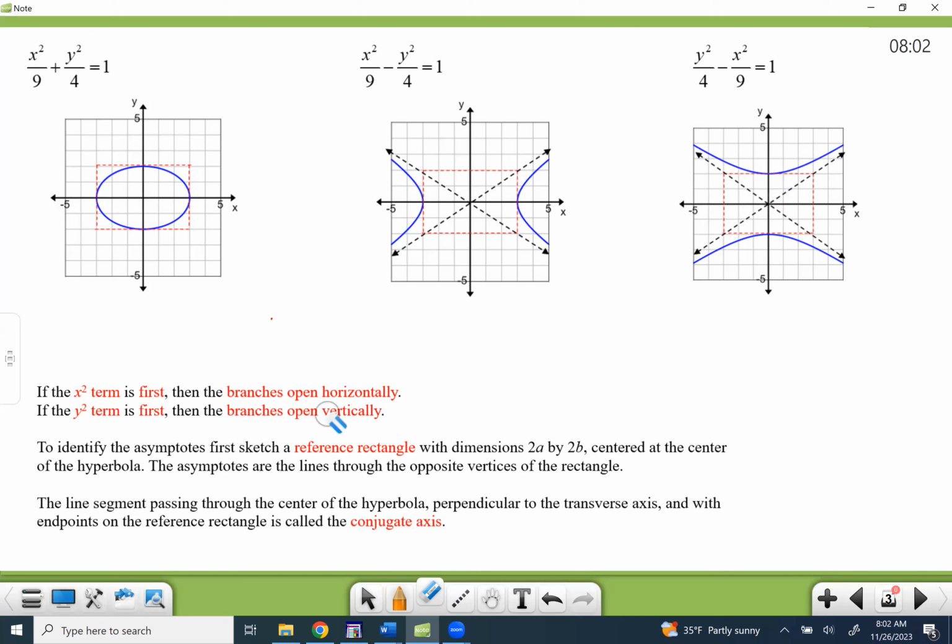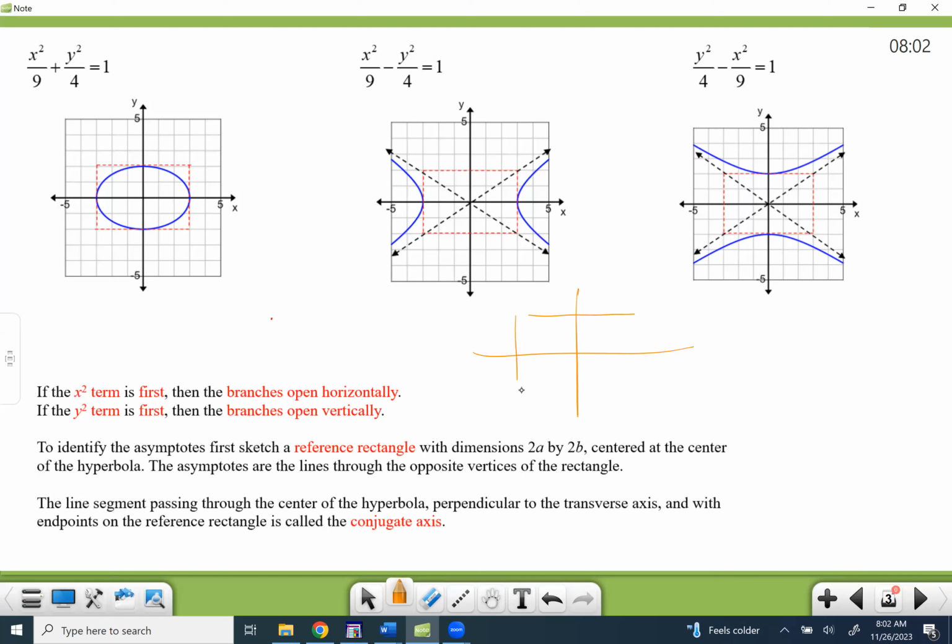And that's basically what this is saying right here, you guys. So this rectangle that we draw, we didn't draw it for ellipses, but we're going to draw it for hyperbolas, because we're going to draw the asymptotes through the diagonals of that box, which by the way is called the reference rectangle. And then we'll be able to sketch. Without the asymptotes, we wouldn't know how wide to make our hyperbola.